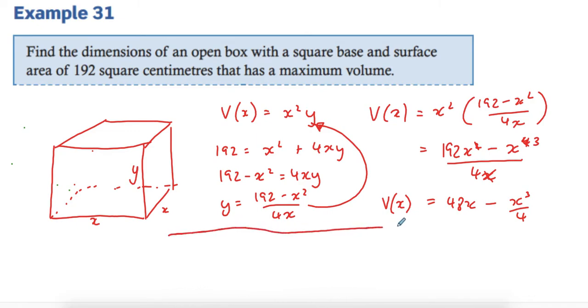Just going to put a little line under that and then come down here. So now we want to find the first derivative of the volume, because we're looking for a maximum volume. So the first derivative is going to be 48 minus 3x squared over 4.